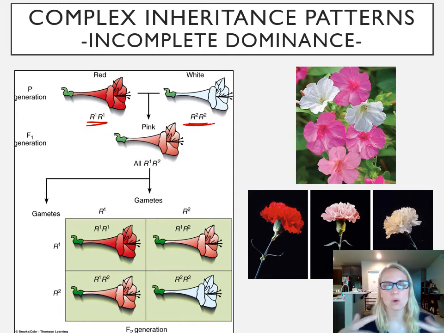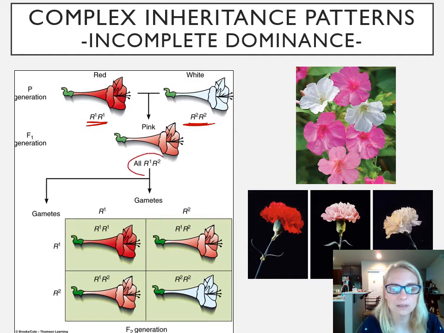Here again, we're just showing the superscripts to show the differences because there's really no capital or lowercase. And so you have homozygous red. If you mix that with a homozygous white, you'll still get a heterozygous, right? You have one of each. But the color is not going to be either red or white. It's going to be an intermediate phenotype.